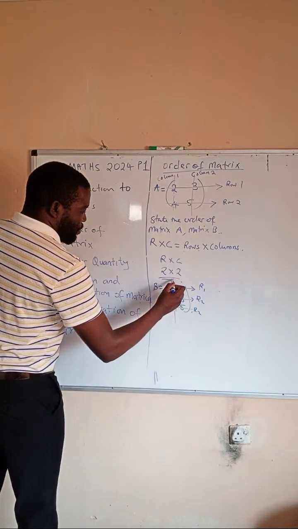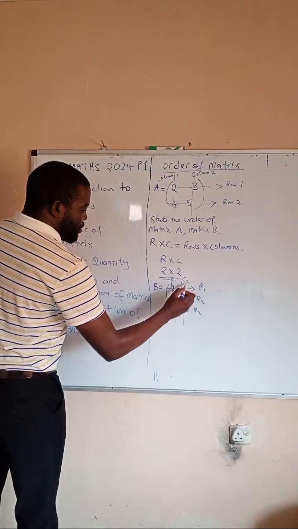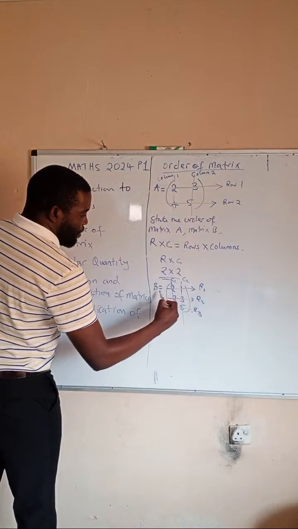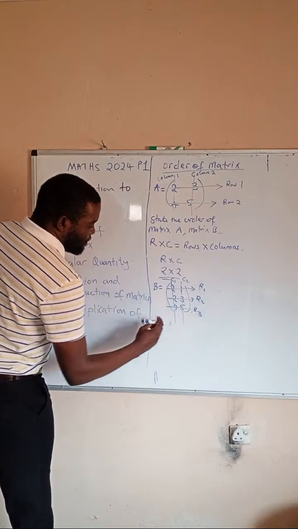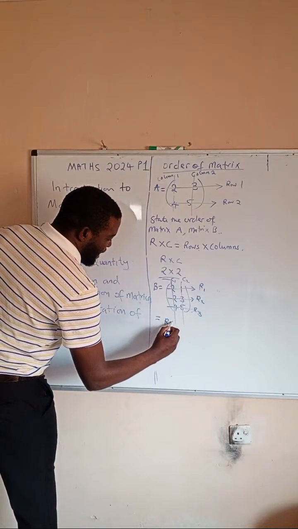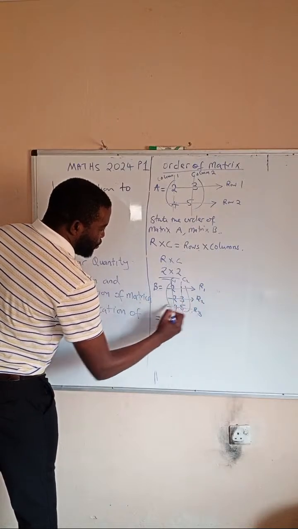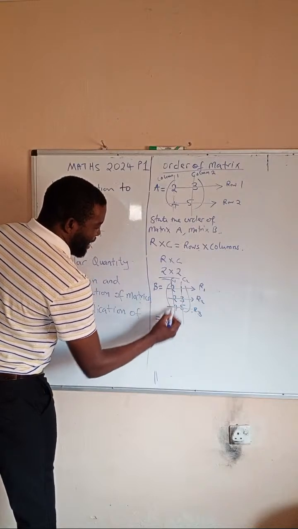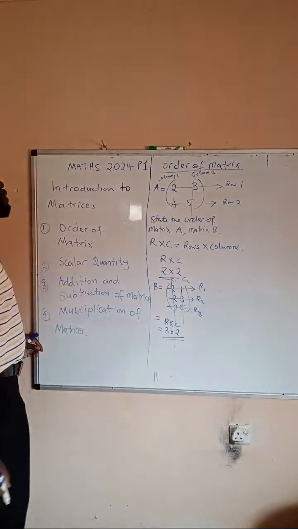Column number 1, column number 2. So, row by column, the order is 3 rows times 2 columns. That is the order of this matrix.